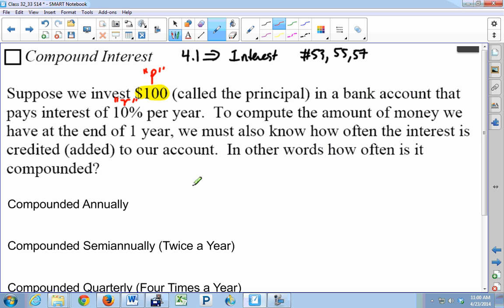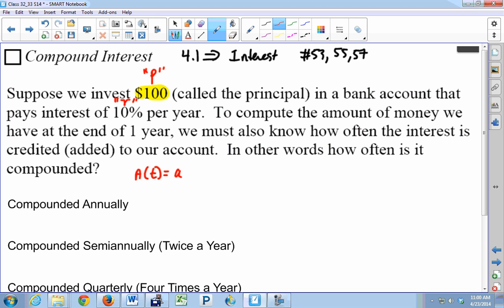The simplest way to understand these formulas you're about to see is to suppose the bank just says, you're going to have that $100 in there for an entire year at 10%, and at the very end of the year, I'll give you 10% on your investment, and we'll add that to your amount of money. So let's say A of t, we're going to write a function. A of t is the amount of money that I've accumulated in the bank after 1 year.